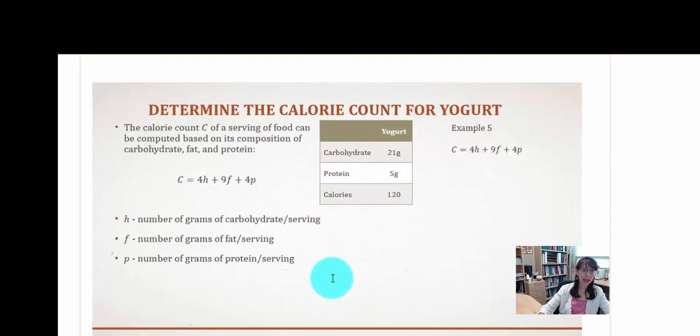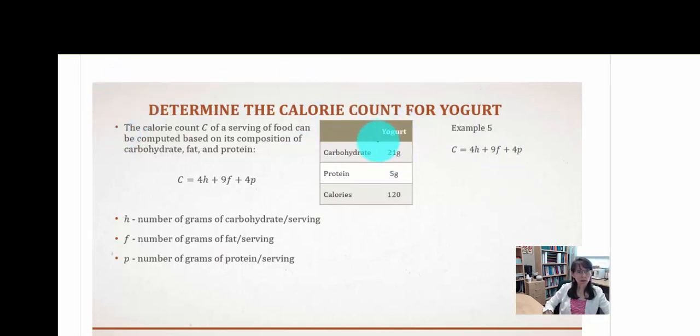And our last example today, just to show you another format of how answers or a problem might be presented to you, and that's in table format. But we're still given the value of some of the variables. We're using the same literal equation. Carbohydrates are 21 grams for yogurt.